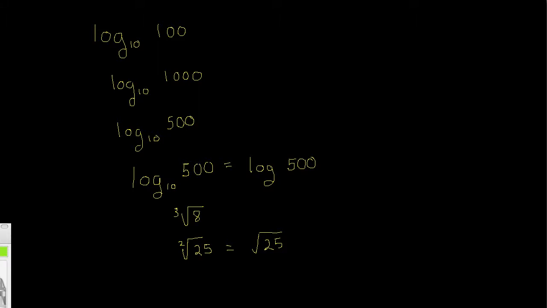Okay, so now let's look at some more logs, and this time we've changed the base so that it's base 10. Okay, so check out up here, and let's try our new way of looking at it. So when we see log, we know that we're looking for an exponent. So we're trying, instead of putting 100, to figure out an exponent that we can use to represent 100.